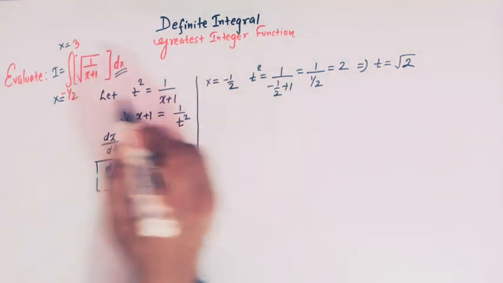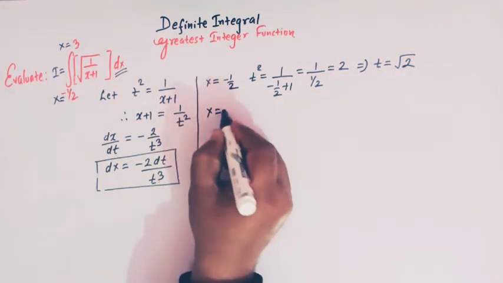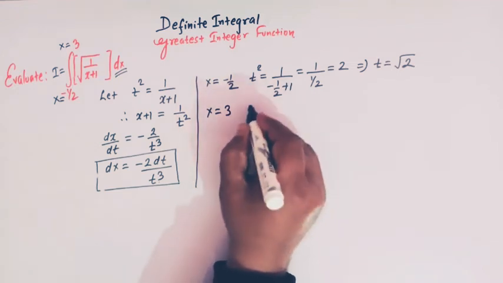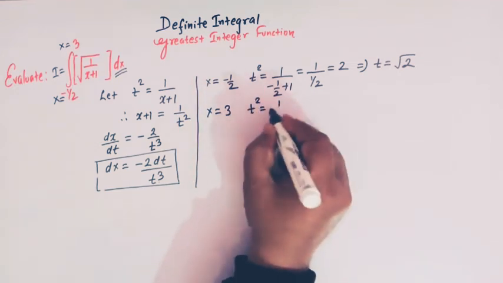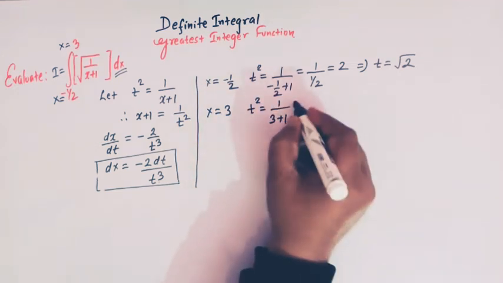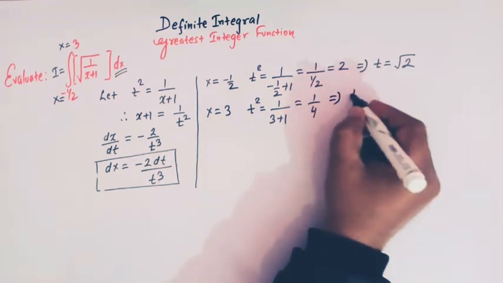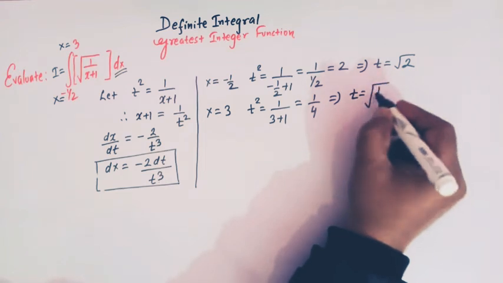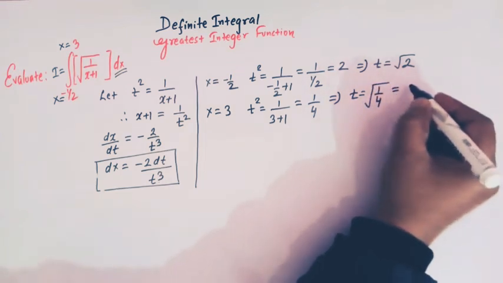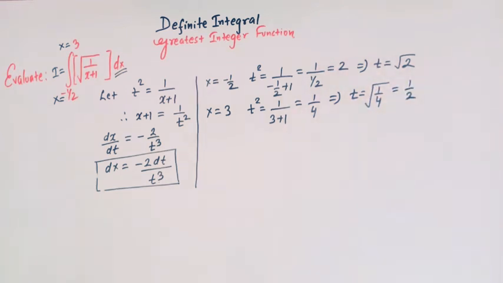And when x is equal to 3, t square is equal to 1 over 3 plus 1, that is 1 over 4, and t is equal to square root of 1 over 4, that is half.